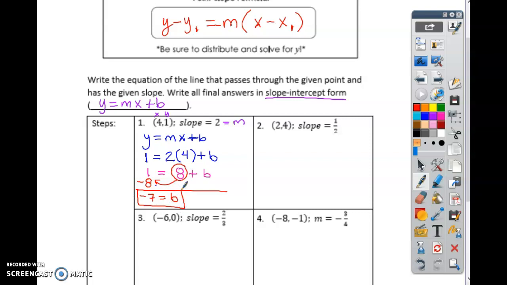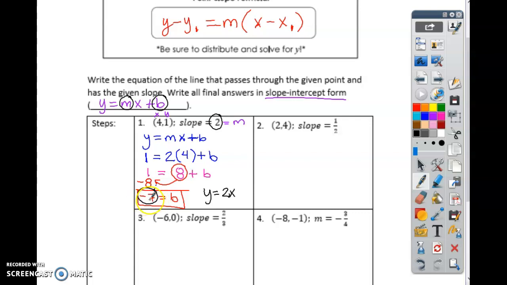So my equation, let me erase a little bit of this right here. My final equation is going to be, I have the 2 and I have the negative 7. I have to put it right here. So I have y equals 2x, because my slope is 2, and then my b is minus 7.